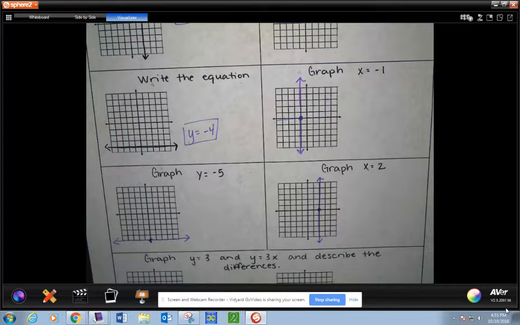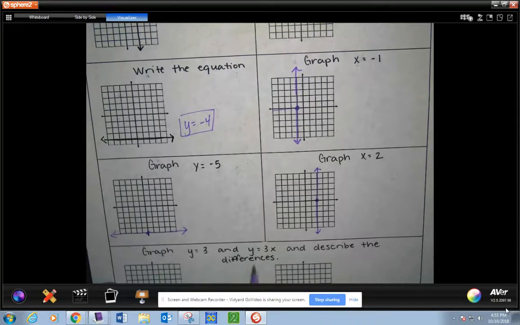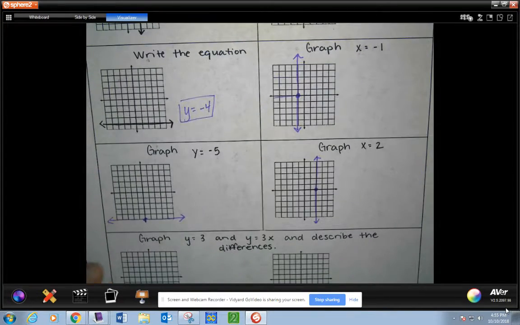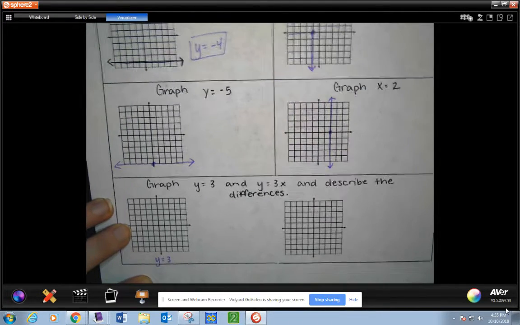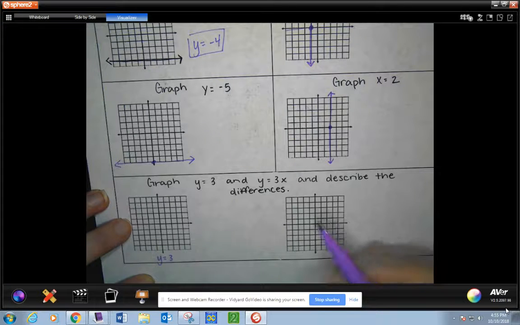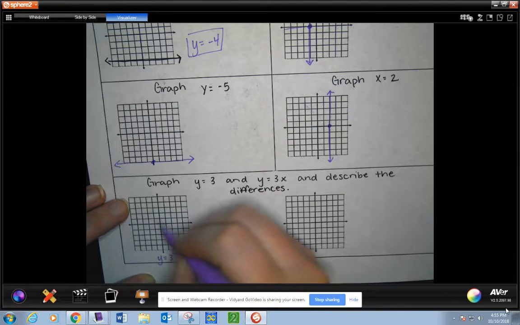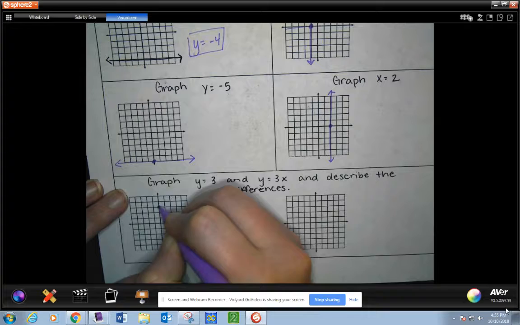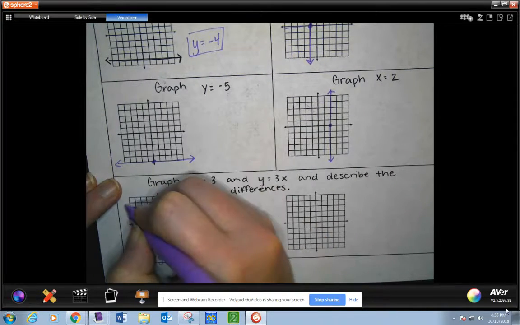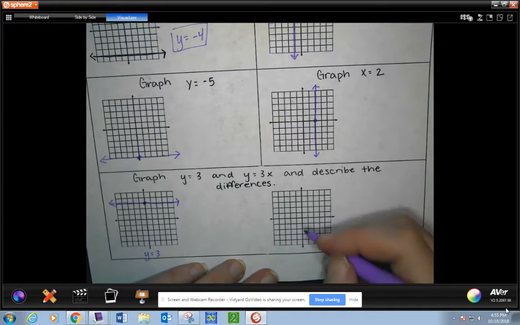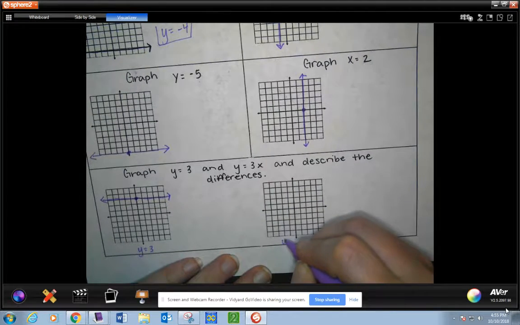Okay, now what I want you to do is graph y equals 3 and graph y equals 3x, and just describe how they differ from each other. So I'm going to put y equals 3 right here. There's no x in this, so you literally just go to the y-axis, and you go to 3, and you must go across at 3. For the other one, you have y equals 3x.